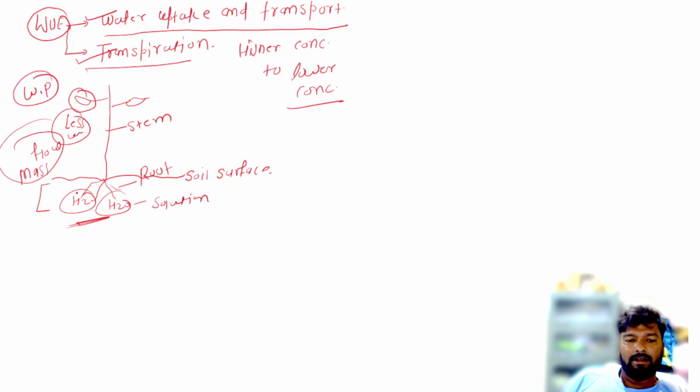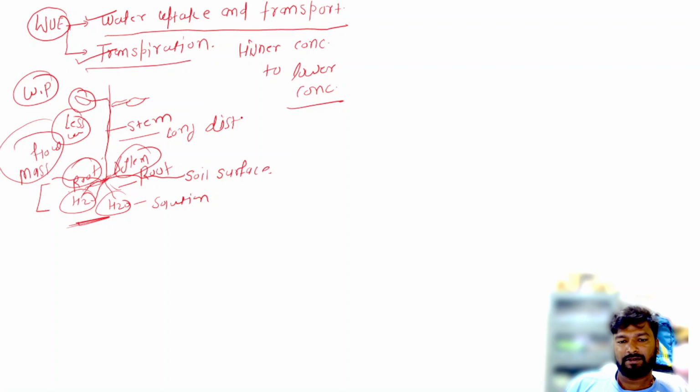Okay, so water is taken up by the root. Okay, then water moves in the root tissues and reaches the xylem. Then water flows in the xylem and reaches the leaf surface. This is known as long distance water transport, and in the root it's known as short distance water transport.